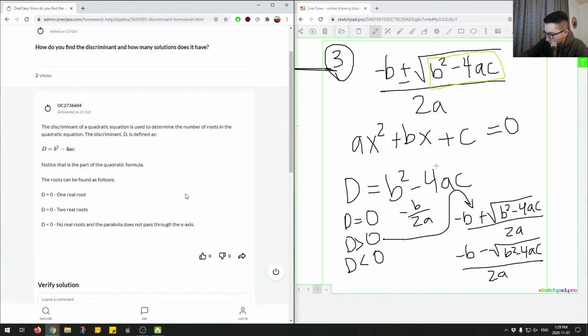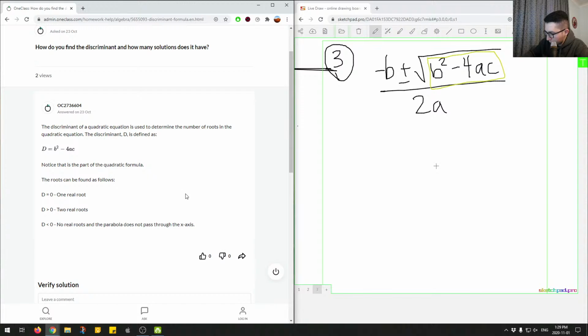Let me clear some space. If we had the first scenario, D equal to 0, so discriminant equal to 0, this would give us one real root. This situation would be plotted as such.